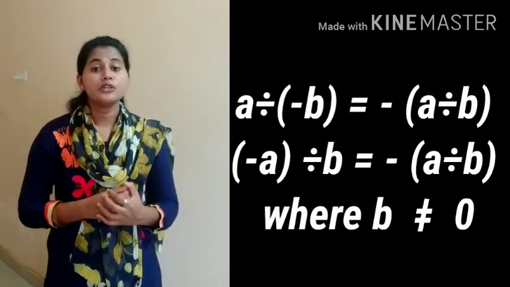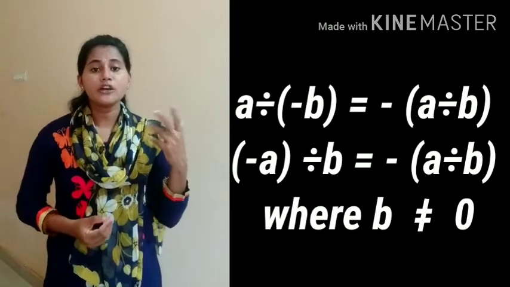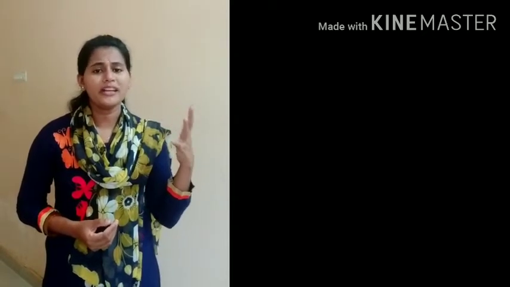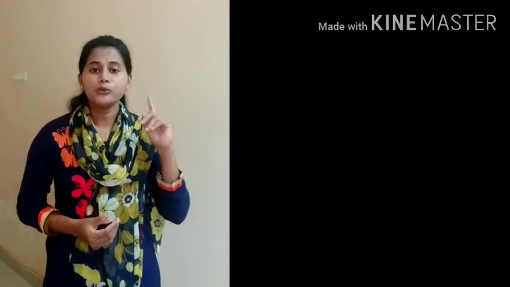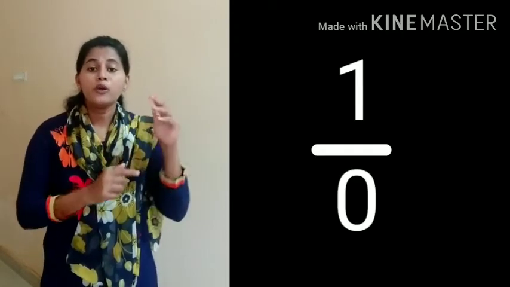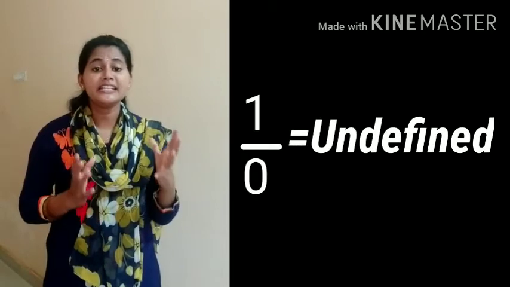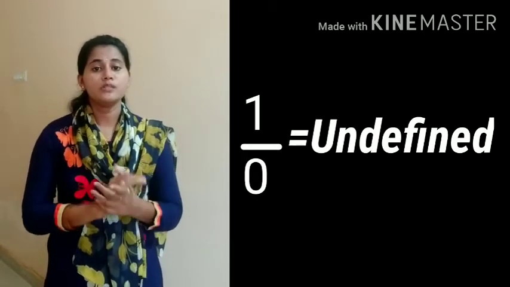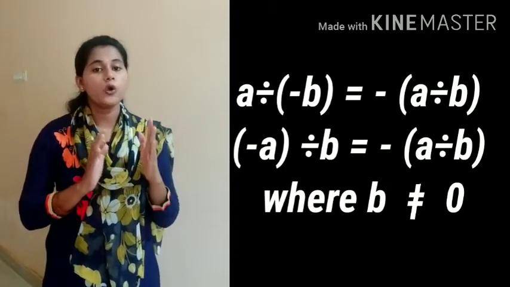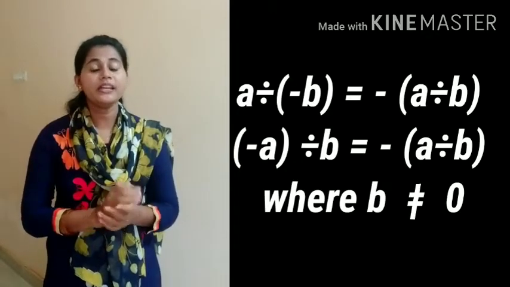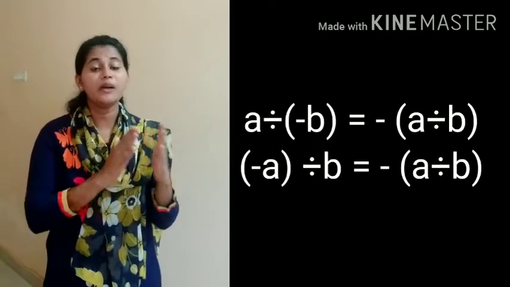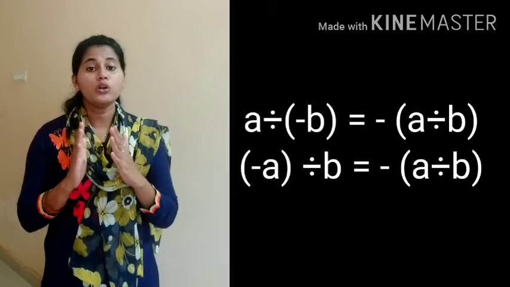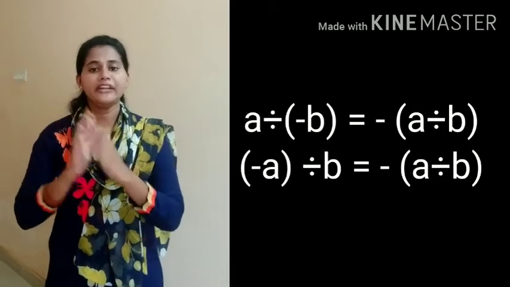In case b is equal to 0, what happens? In the place of a, you can put any integer, 1, minus 1, or 2, minus 2. I will put 1 and divide by 0. 1 by 0 is what? Undefined. We can't define that number, so it is not possible. That's why b is not equal to 0. Then the answer is: a divided by minus b or minus a divided by b is equal to minus of a divided by b.